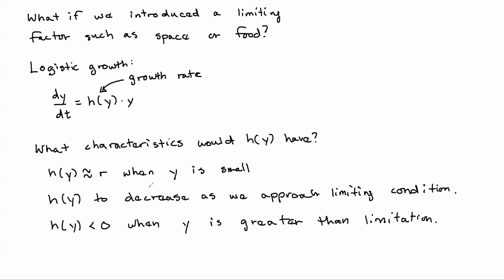Okay, and if you play around with this, we can come up with a function, an h of y, not the h of y, because maybe there could be more than one, that models all of this.